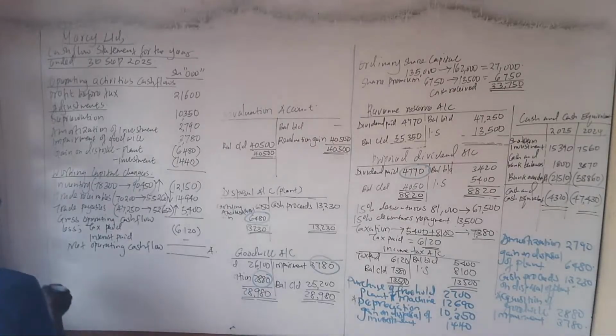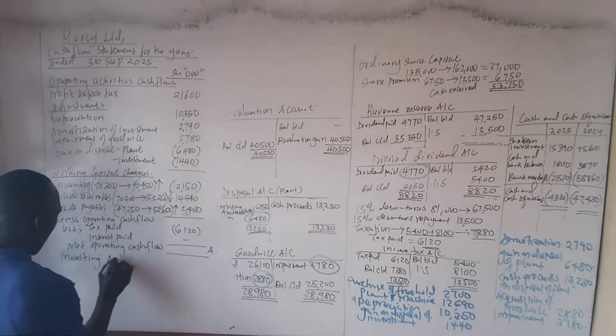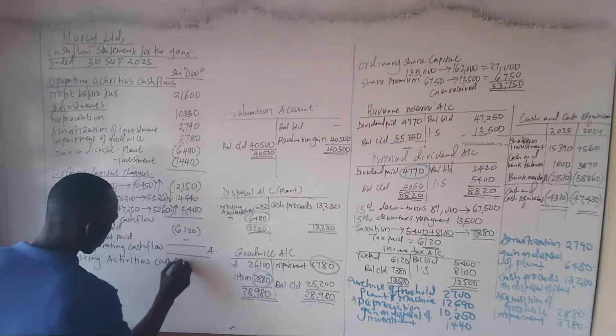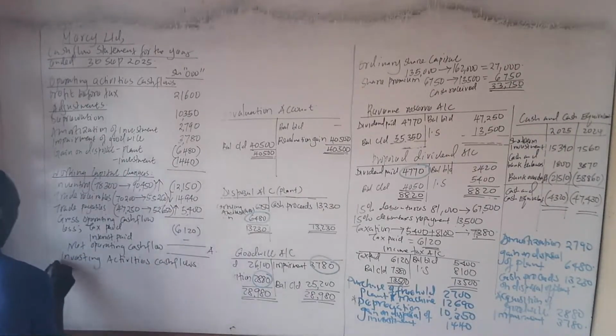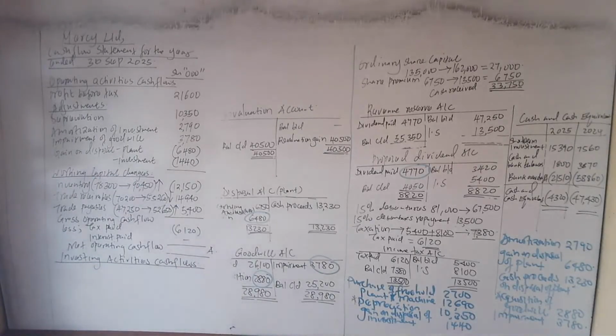B is about the investing activities cash flows. When we talk about the investing activities cash flows, what do we have?